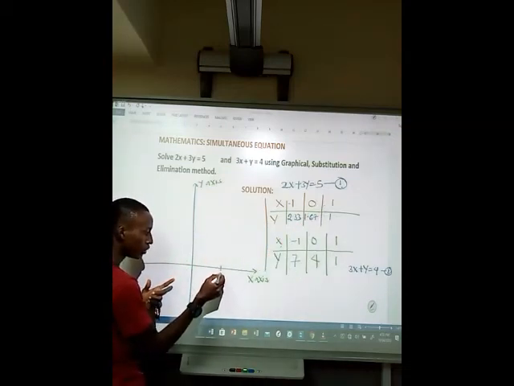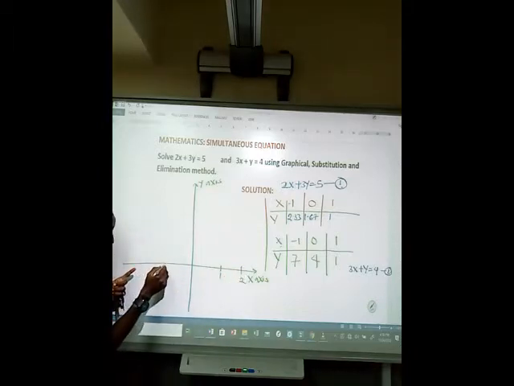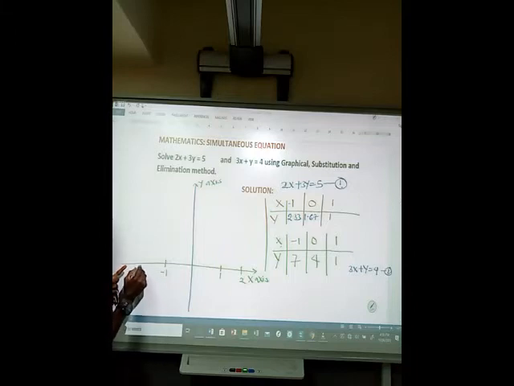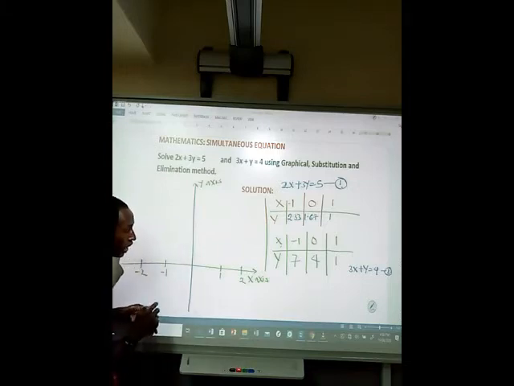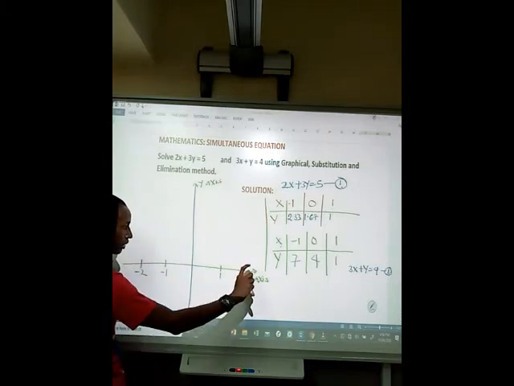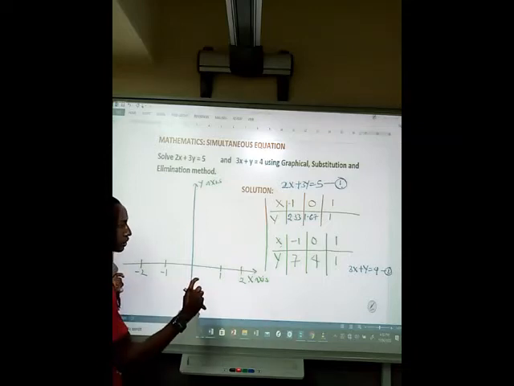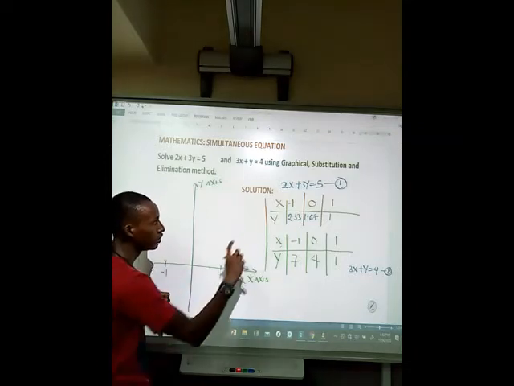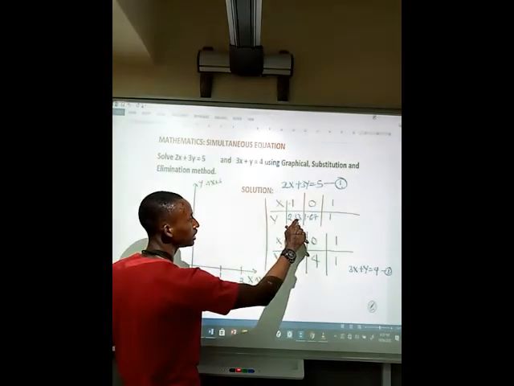So on my graph, I can easily make it out this way. Let this side be 1. I can have this put with 2. And also again, this is -1, and this is minus 2. This is actually a rough sketch graph. I am done with the placing of values for the x-axis. Now let's also put into consideration that of the y-axis. For this particular y table, we have here 2.33, 1.67.